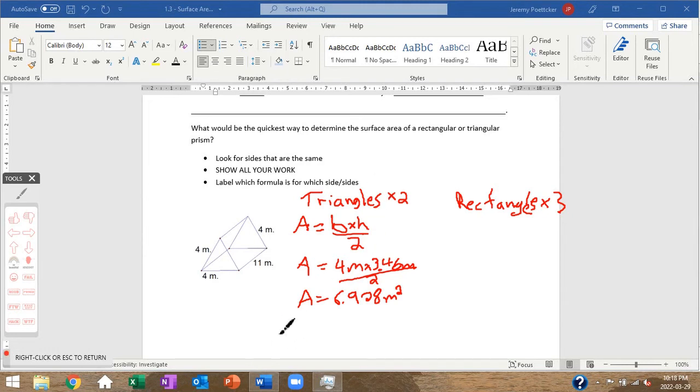And then for triangles, I need to have 2 of those. So the total equals this 6.928 meters squared times 2, and that's going to be equal to 13.856.